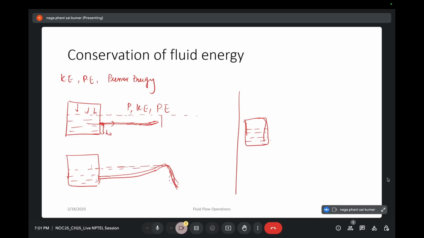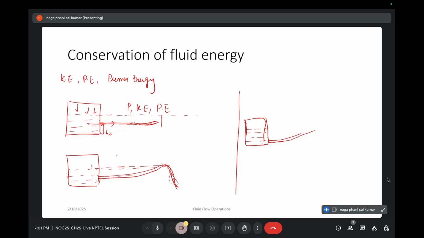This is a continuous fluid, so they are at the same height. So pressure force will be 0, and potential energy will also be 0. So only kinetic energy has to push this, so it will be very low. But let's take an example where you are ejecting at the very bottom.